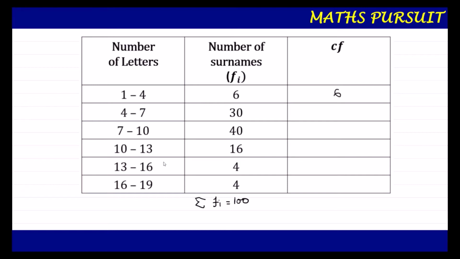The second number is 30. That means I need to add 6 plus 30. I need to add this 30 to the 6 that we got. So I will get 36 here. Then I need to add 40 to the 36, that we will get 76. Then I need to add 16 to 76. I will get 92. Then if we add 4 to 92, we will get 96. And then if we add 4 to 96, we will get 100.